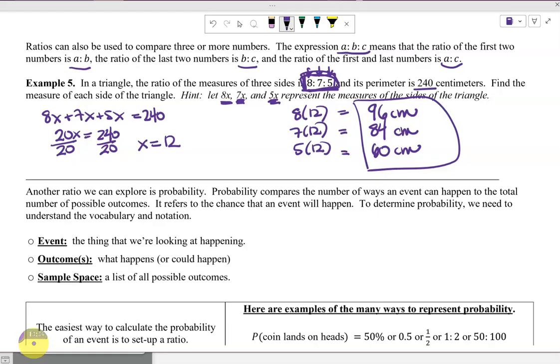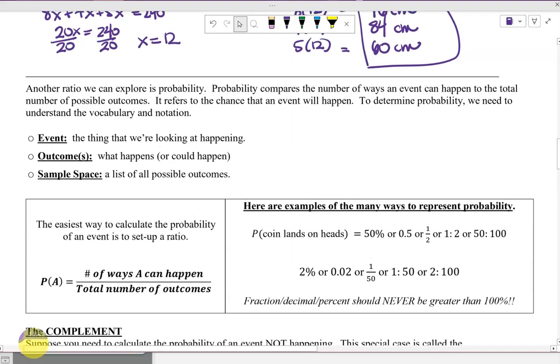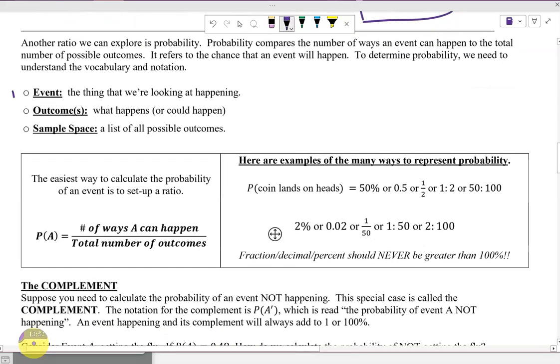Okay, another ratio that we're going to explore is a probability ratio. So probability compares the number of ways an event can happen to the total number of possible outcomes. It refers to the chance that an event will happen. To determine probability, we need to understand the vocabulary and notation. Event. When we talk about an event, that's the thing we're looking at happening. What's the probability you choose a red sock?